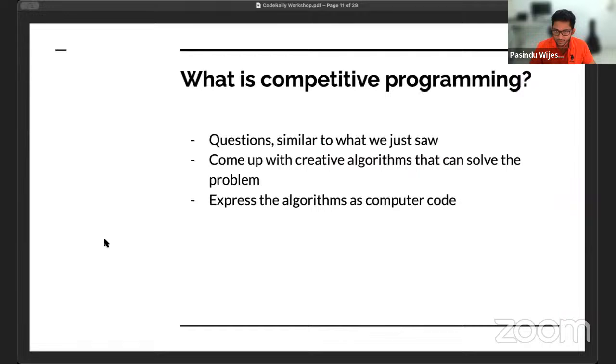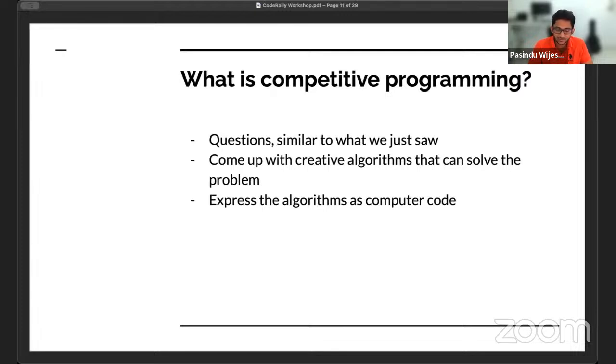Right. So what's competitive programming? Competitive programming competitions, rather. In competitions, you get questions similar to what we just saw, but they could be far more complicated or far easier, where you have to come up with creative algorithms that can solve the problem, and then you need to express those algorithms as computer code.